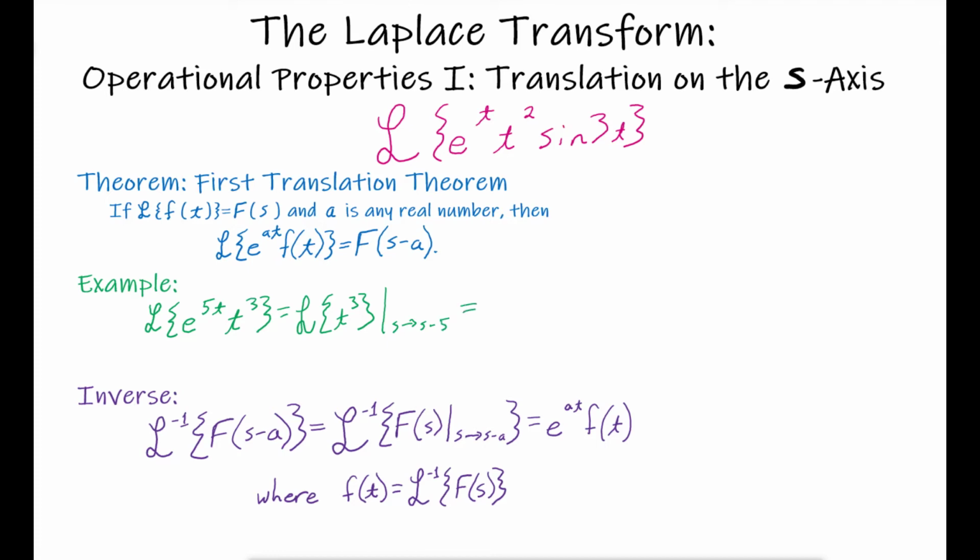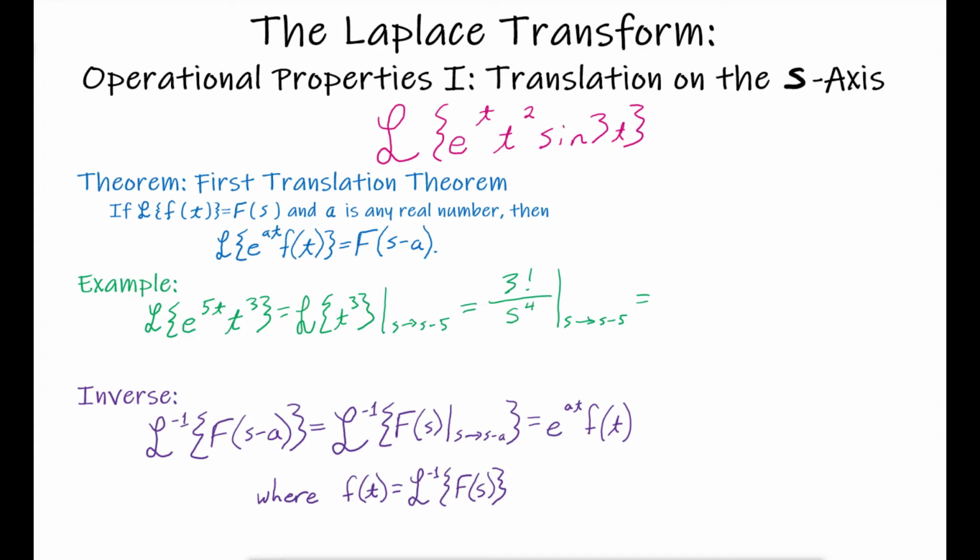Well, the Laplace transform of t cubed is one of my easy ones on my list. That equals 3 factorial divided by s to the 3 plus 1, or s to the 4th. And we're going to be replacing s's with s minus 5.